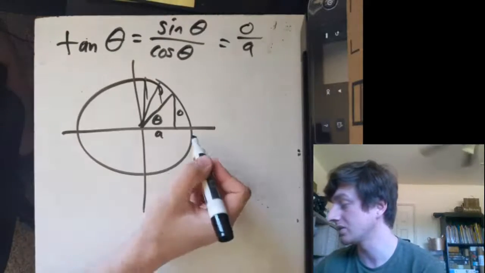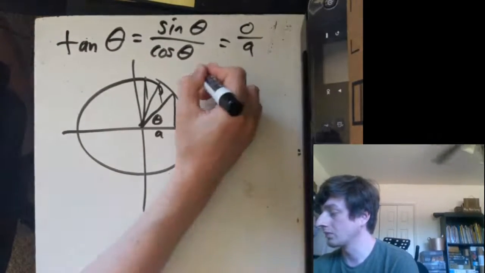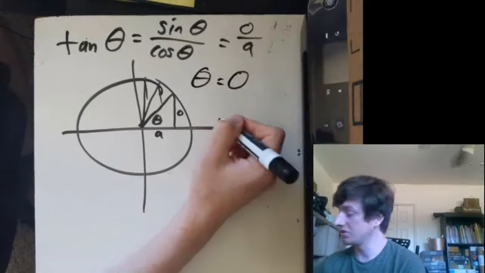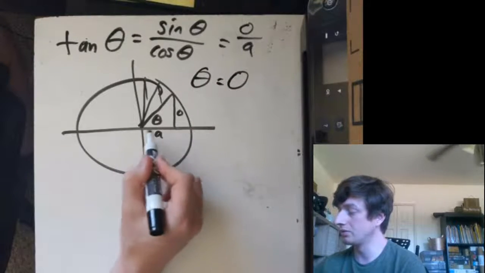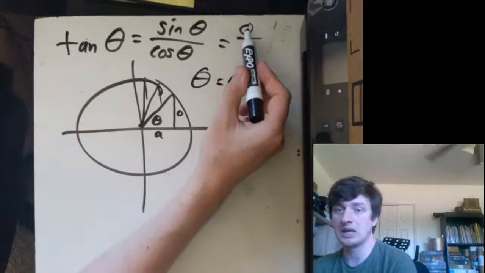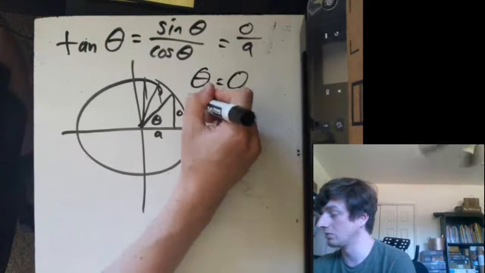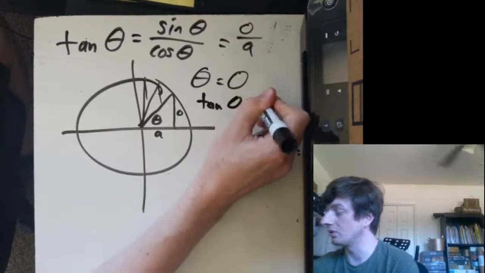But there's some key points. When the angle theta is 0, this adjacent side is going to be 1, and the opposite side is going to be 0. So tan of 0 is 0.